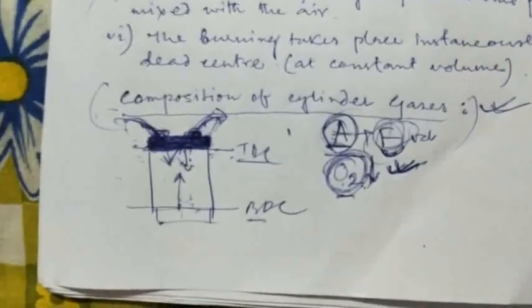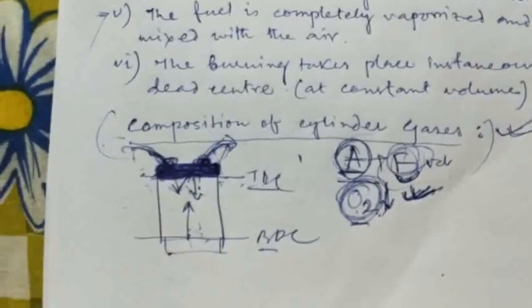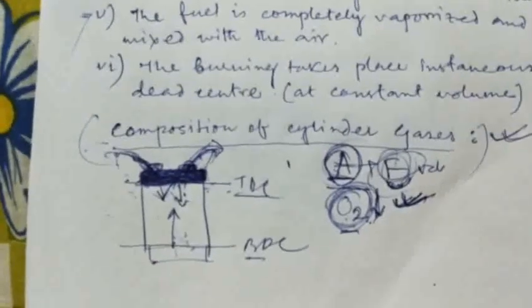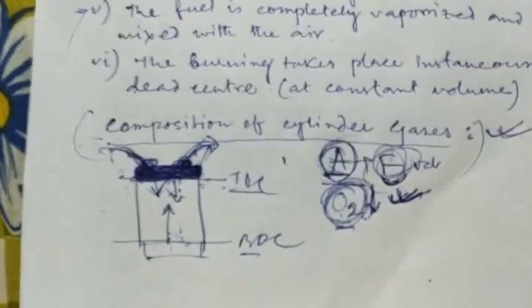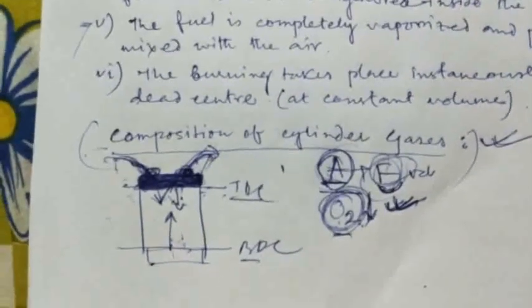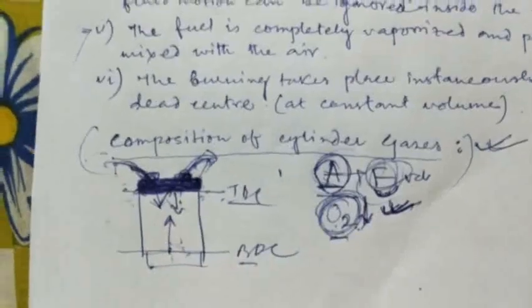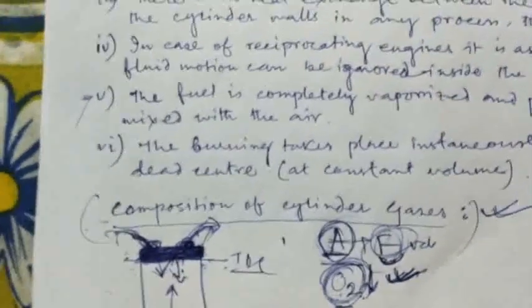That type of mixture is called a lean mixture. Now what is stoichiometric? The amount of oxygen present in the mixture is just enough to burn all the fuel. That means this mixture has proportionate amounts of fuel and oxygen.